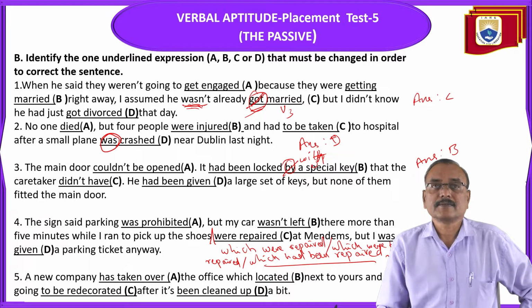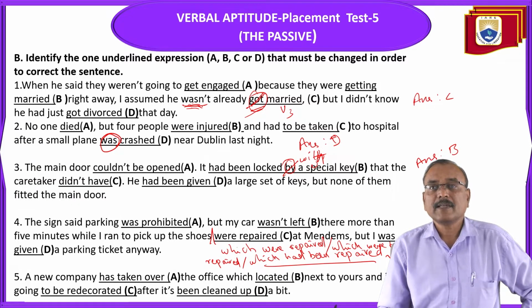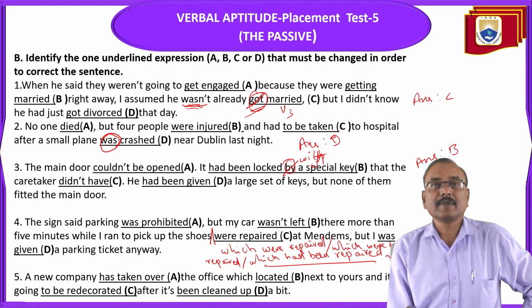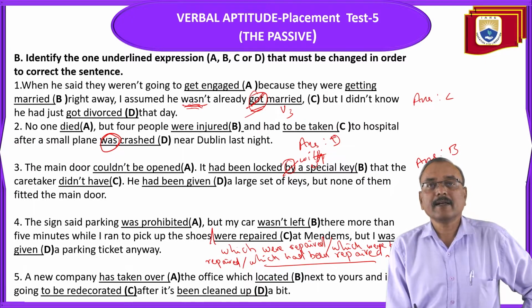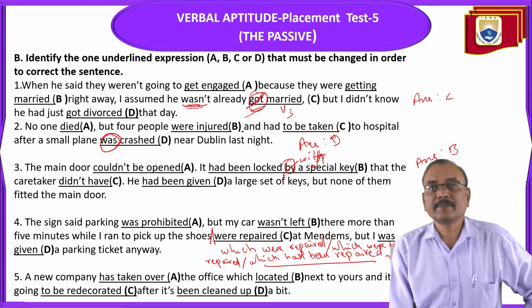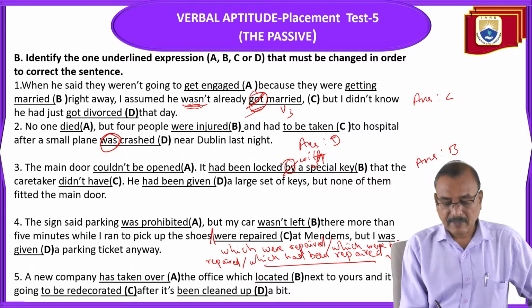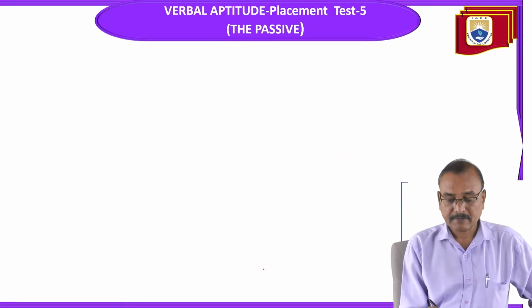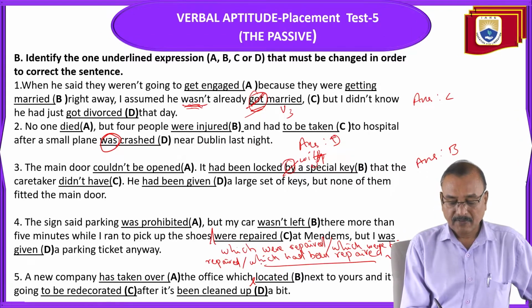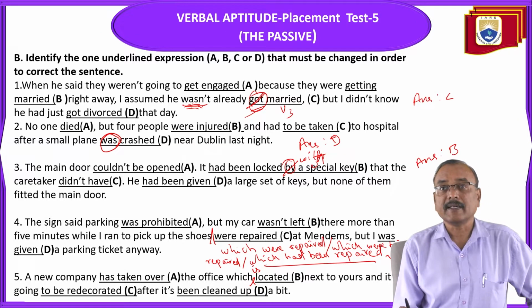Next. A new company has taken over the office which located next to yours, and it's going to be redecorated after it's been cleaned up a bit. "Which located" is wrong here. You can say "which is located".